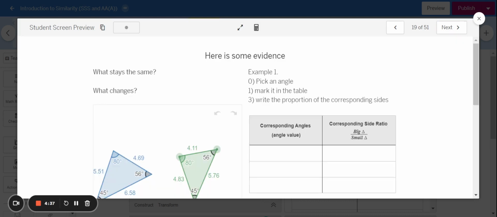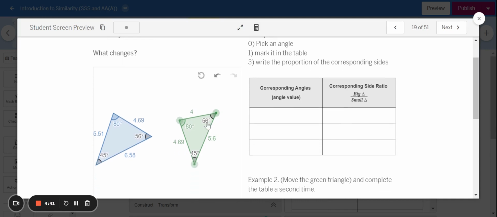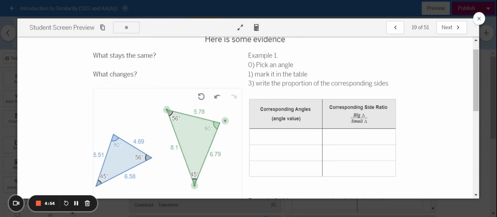So here's some evidence. This one we're going to go through, and our job is to move these around until you're comfortable. You can flip it over if you want, but I just want to make sure I can see the numbers on here. We're going to do these 3 things. That ordering I just noticed is off, but it's okay. So we're going to pick an angle, and we're going to mark down that angle size right here.